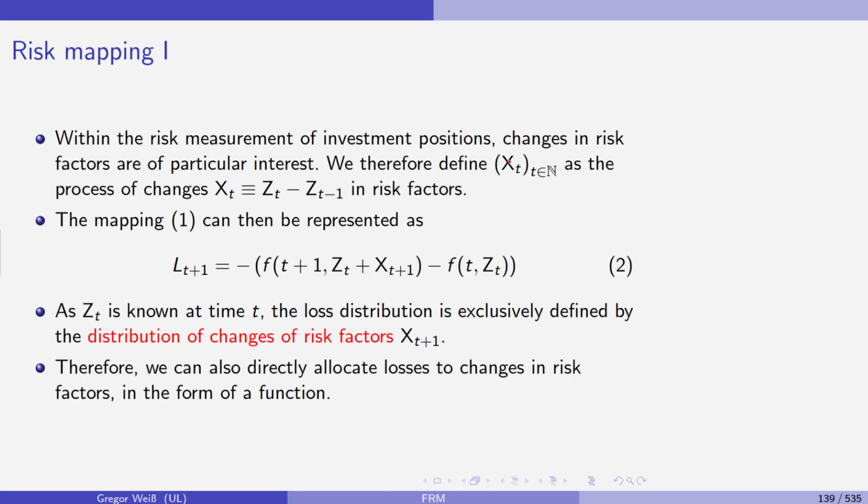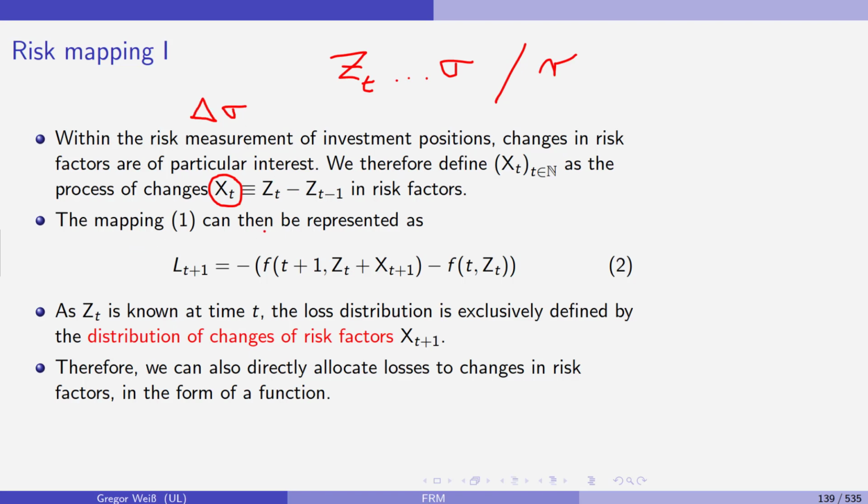So thus we define xt as the process of changes in the risk factors. And again, zt, think about this, this zt could be volatility or an interest rate. And then this change here, xt, is simply the change in volatility, zt minus zt minus 1.